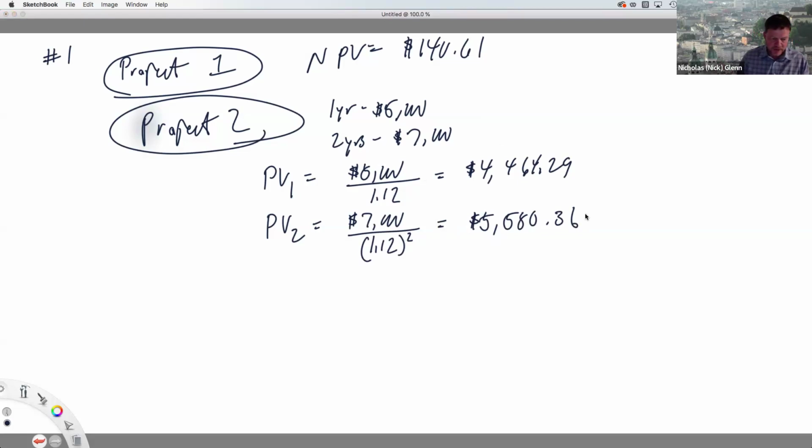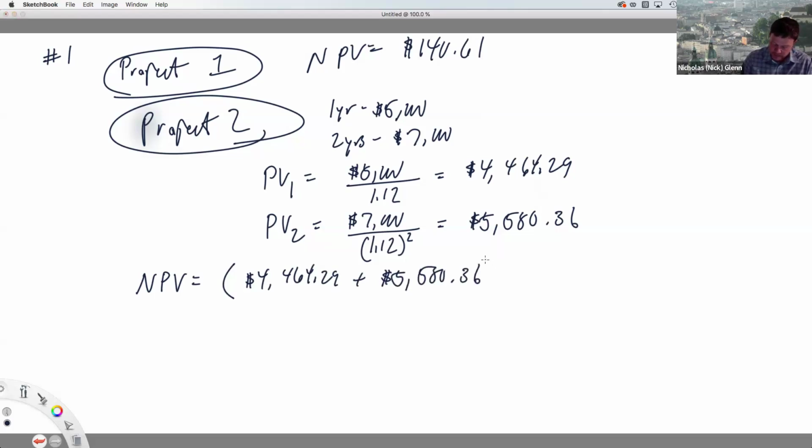Okay, so now let's determine the net present value. We want to add the present value of these two income streams, $4,464.29 plus this $5,580.36.